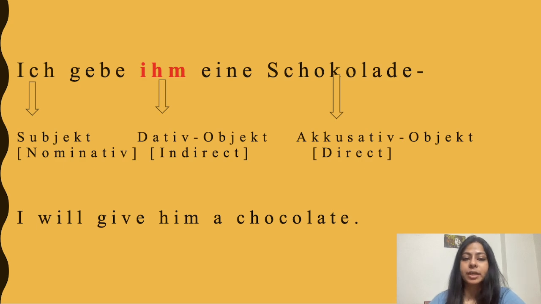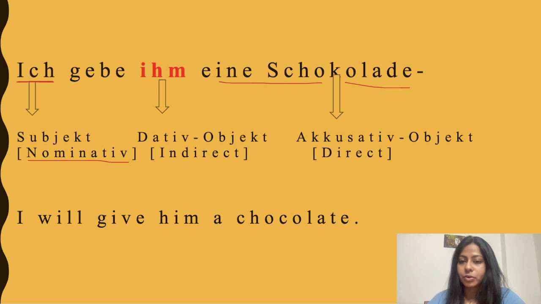Now, ich gebe ihm eine Schokolade. So what is happening here? Since ich is subject, I'm breaking it down into all the three cases. We are analyzing this sentence case wise. So ich क्या है? Subject है, nominative case है. Eine Schokolade क्या है?